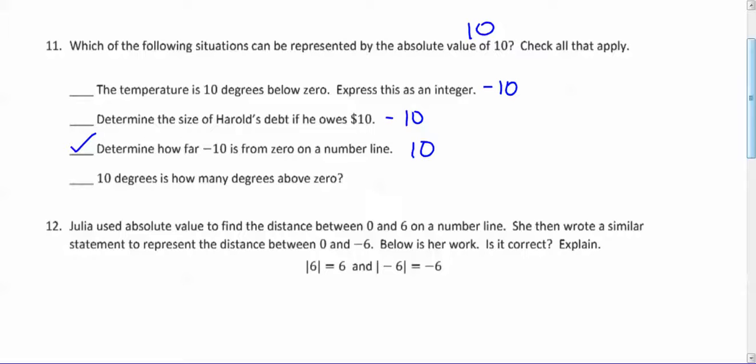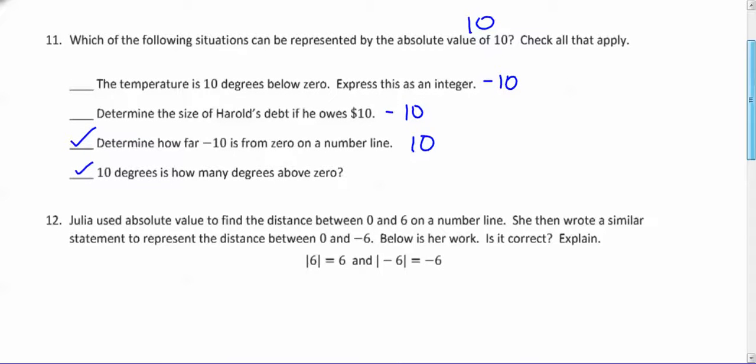Because these are negative 10. We're looking for ones that come out to positive 10. This is kind of silly, but 10 degrees is how many degrees above 0? 10. So does that one work? Yep. It's all dealing with 10, but you just have to figure out which ones would be expressed as a positive 10.